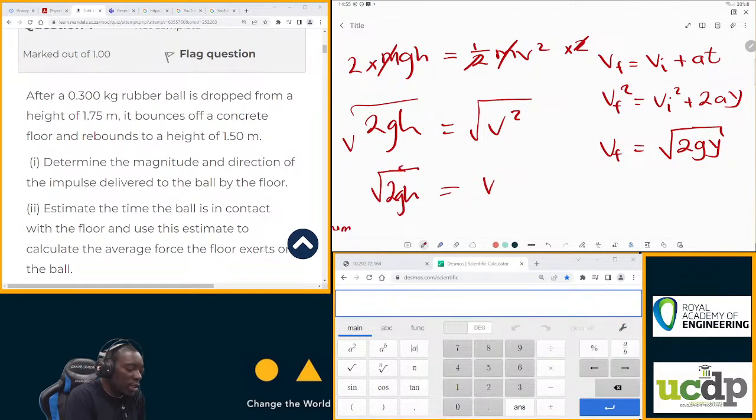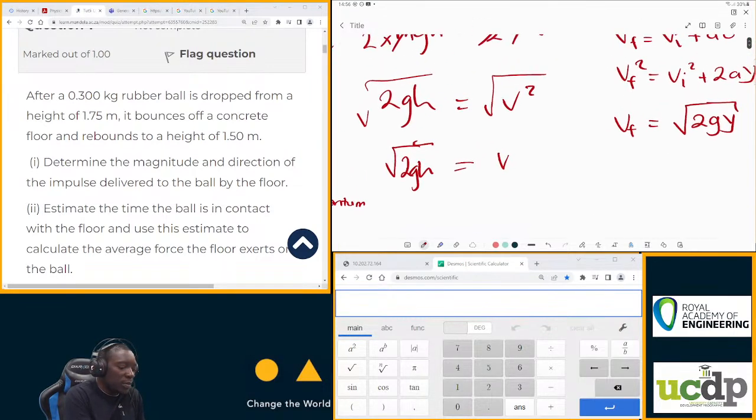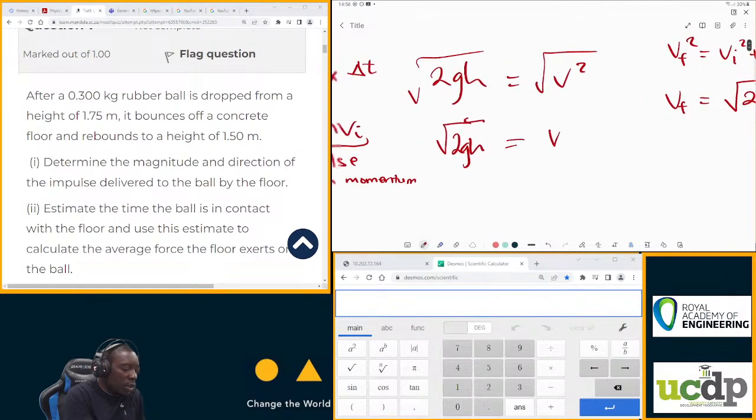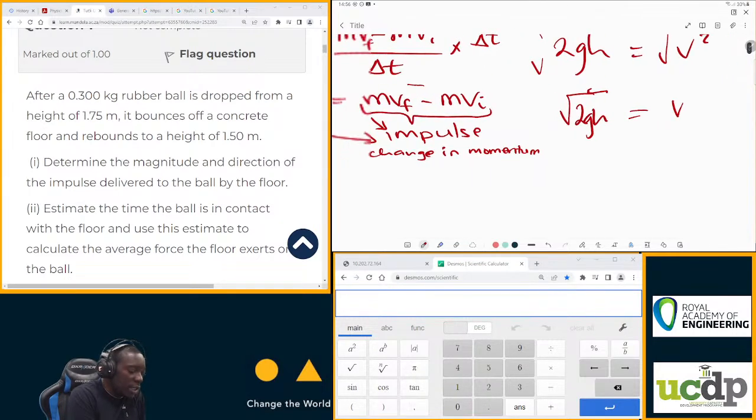You can see that these two equations are the same. v is the root of 2 times the acceleration due to gravity times the height, or the vertical displacement. So we can find the velocity with which the ground is struck by the ball.